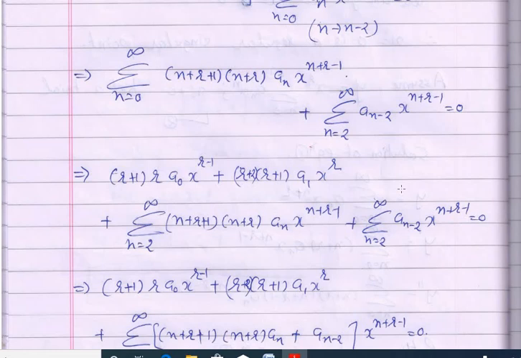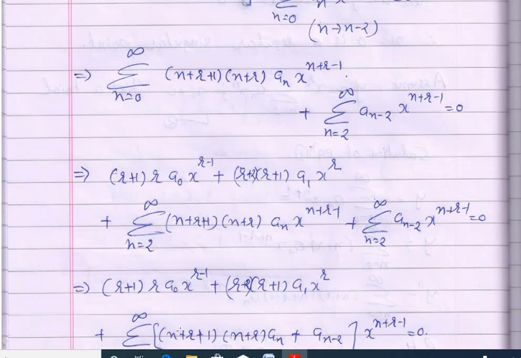Here you have n running from 0, and here it is running from 2. So here you have to separate two terms for n is equal to 0 and n is equal to 1, and then sigma remains from 2 to infinity, and this term remains as it is here.